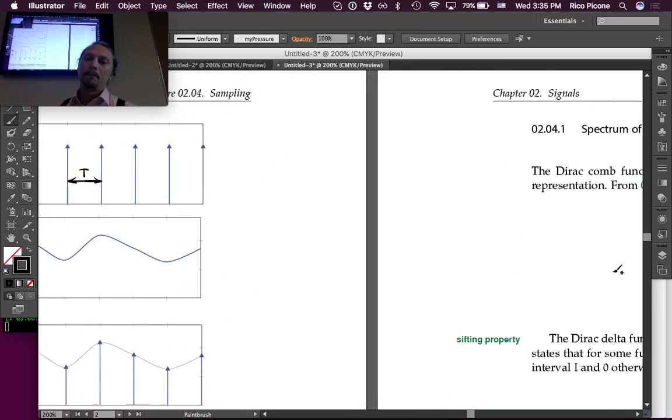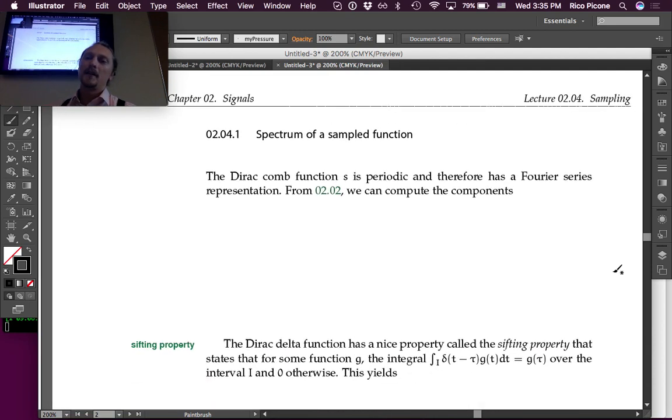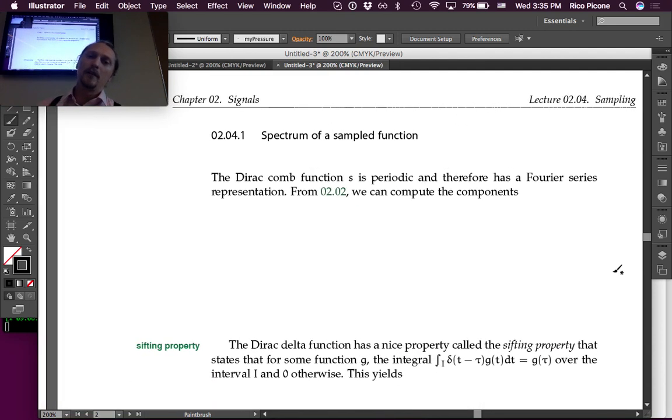Okay. Good. Now I'm going to take us on a tour of the spectrum of a sampled function. Now, this is where it starts to kind of get interesting, the way that we set this up. And it'll continue to be more and more interesting as we go. So the Dirac comb function, s, is periodic and therefore has a Fourier series representation.